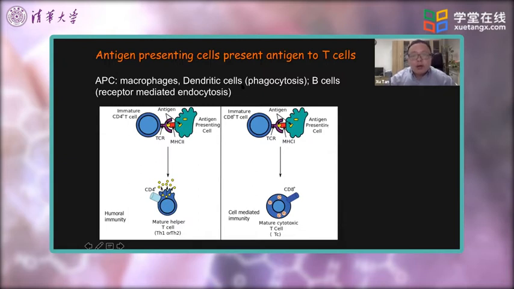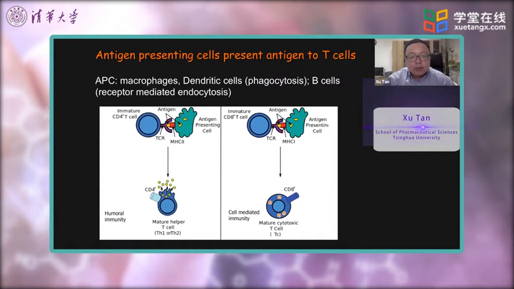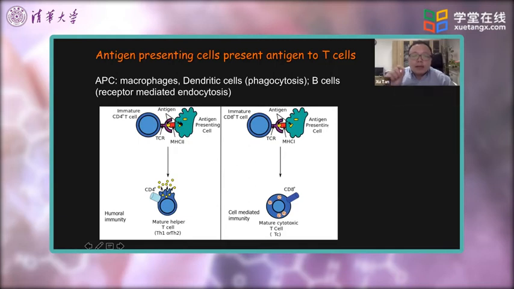Like I mentioned earlier, they engulf microbes or viral particles, and after phagocytosis, they process the foreign microbes into peptides and use their so-called MHC molecules on the cell surface to present the foreign peptide.